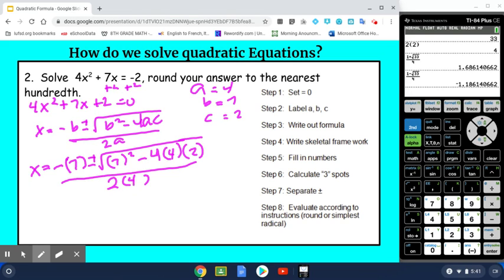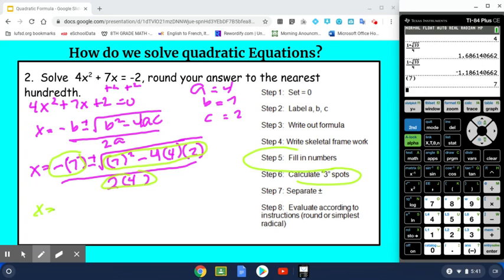Okay? Now the next step says calculate the 3 spots. So we're going to do this guy under the radical and this. So I have x equals, so negative parenthesis in your calculator, negative parenthesis 7 gives you negative 7 plus or minus radical.